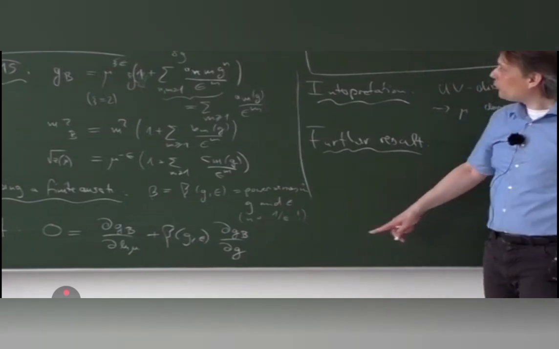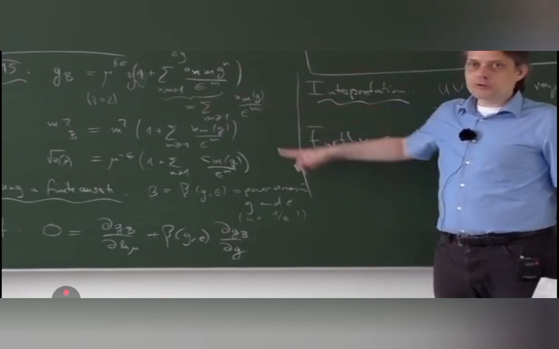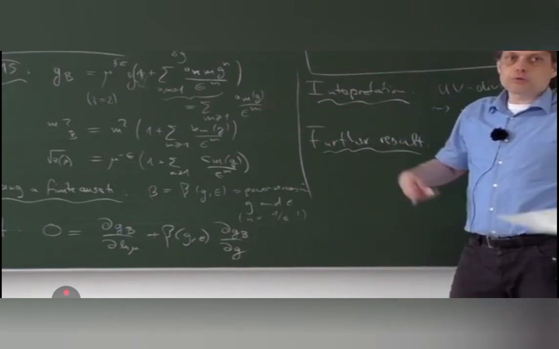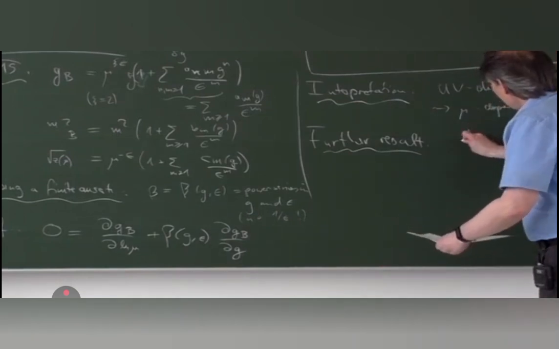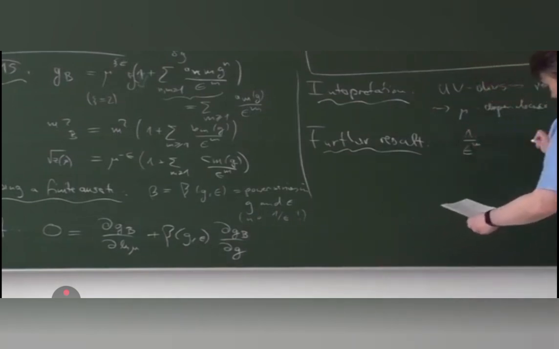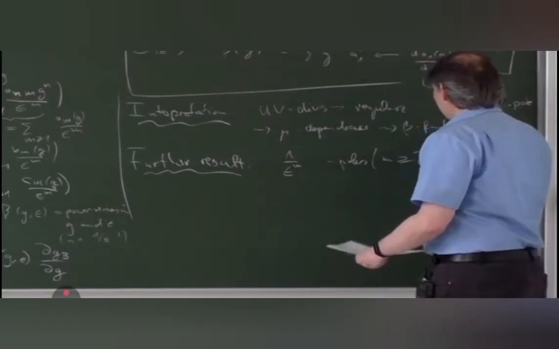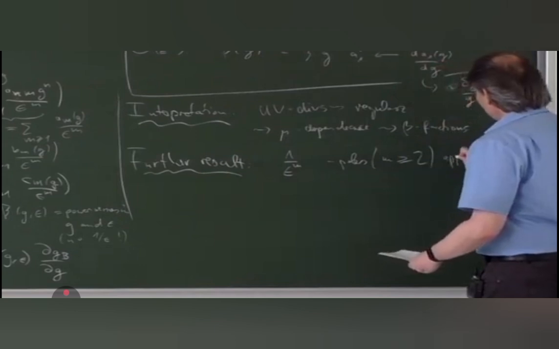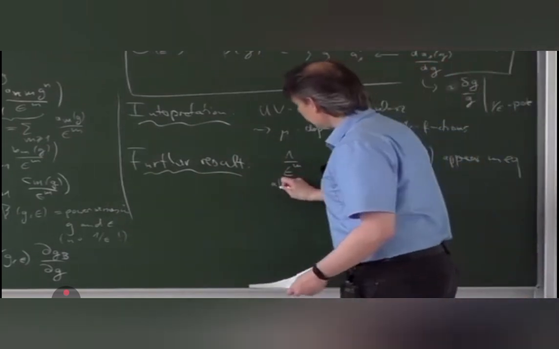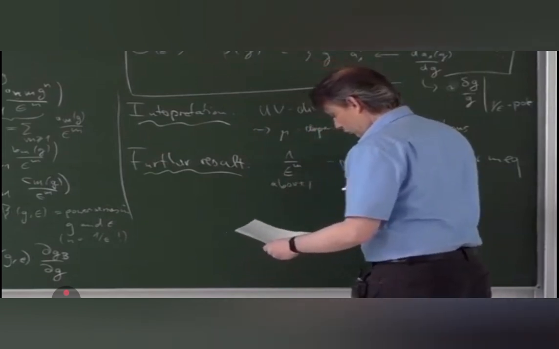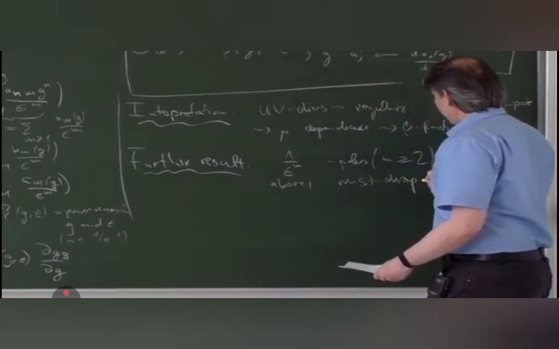And that means that these higher epsilon poles are not independent, but they satisfy consistency conditions, and they could be predicted. And yesterday we predicted them from lower orders. So the 1 over epsilon to the m poles, for m of 2 or bigger, appear in the equation above, and they must drop out automatically.